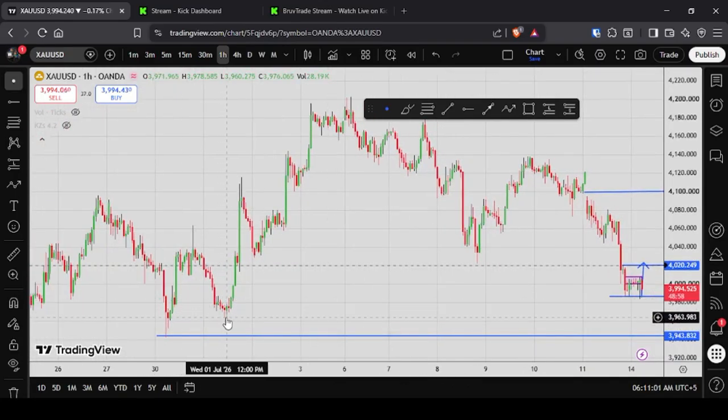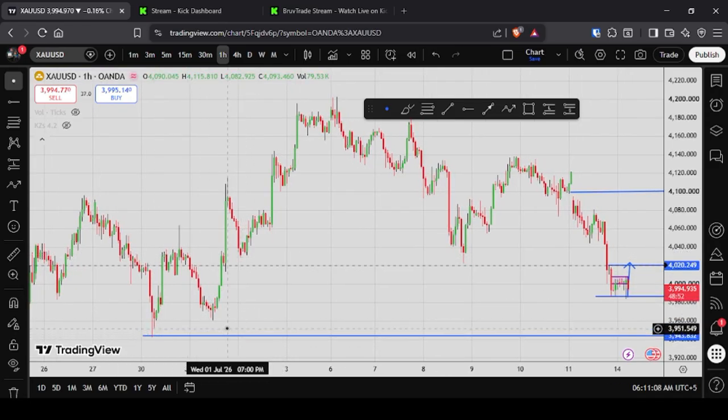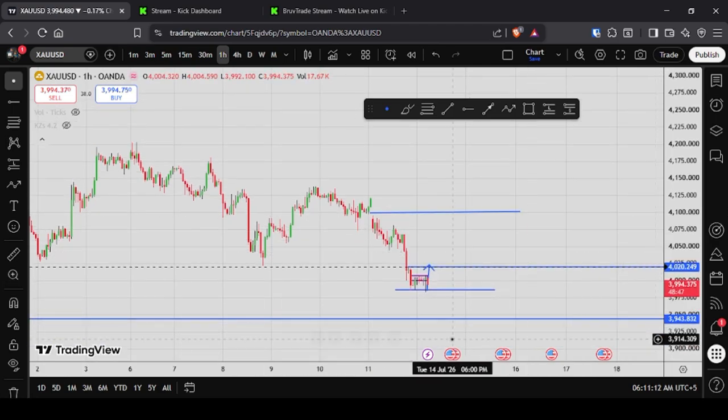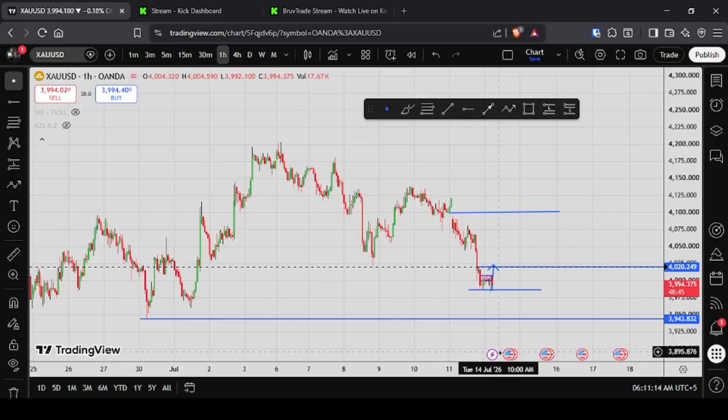The only thing it has is this, but that is also because we are under the impression that the gold is going to go downwards or not.